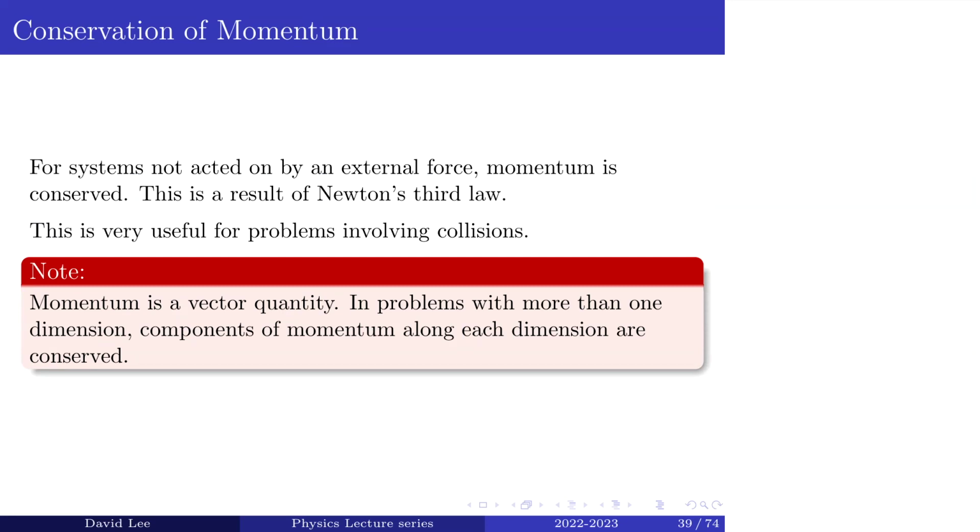And also you should know that momentum is a vector. What this means is that if you have a two-dimensional collision, you need to make sure that the x component of momentum is the same, but also the y component of momentum is the same. So each component is conserved.